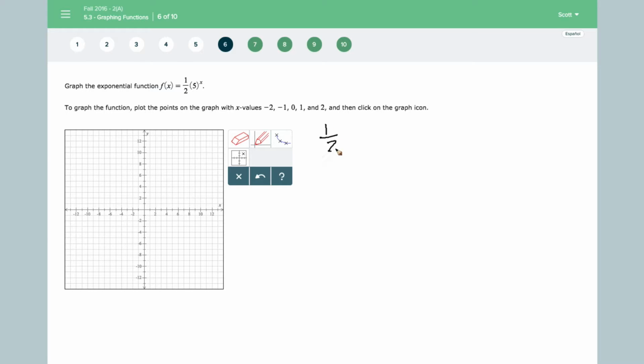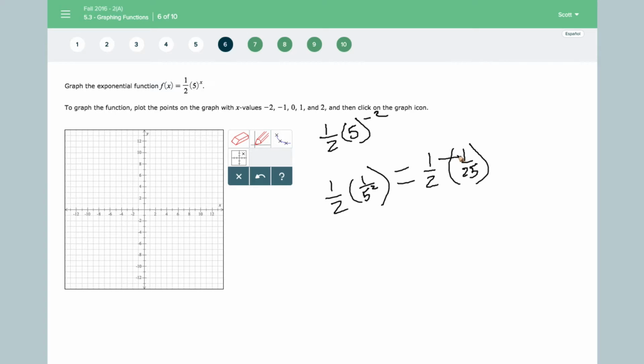1 over 2 times 5 to the negative 2. That means 1/2 times 1 over 5 squared. The negative 2 means it just goes upside down. And that equals 1/2 times 1 over 25.